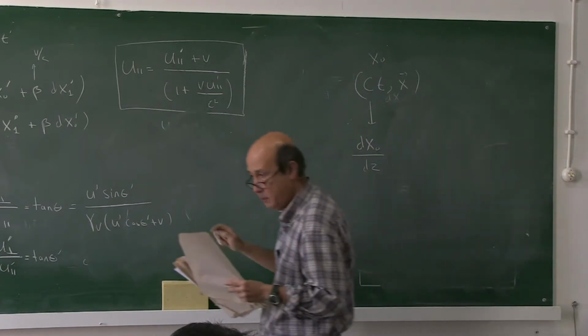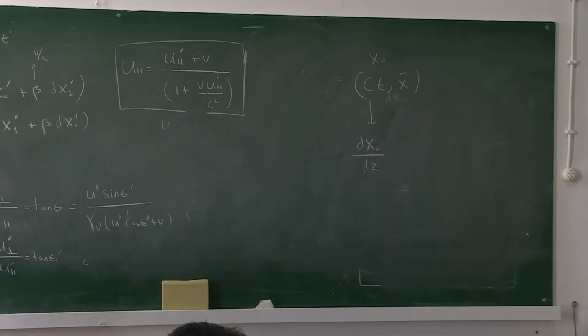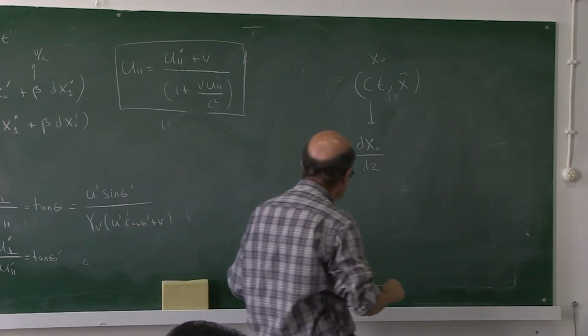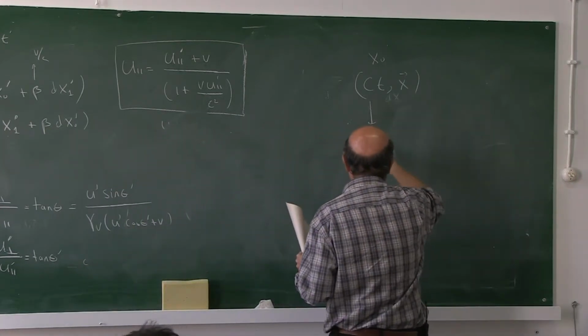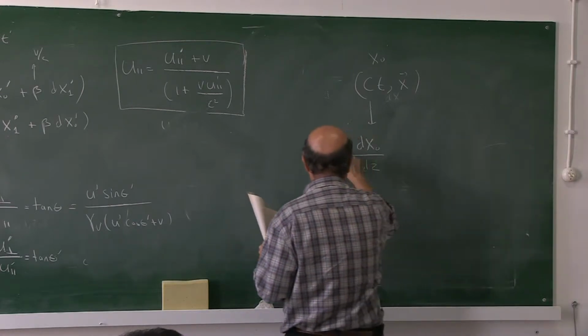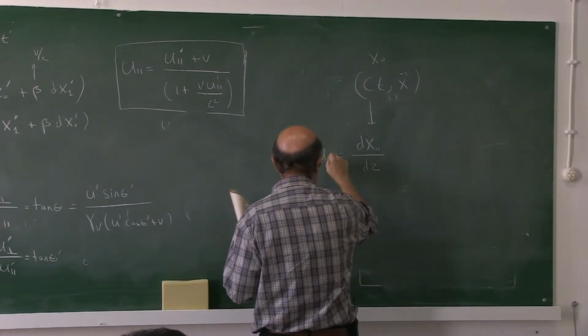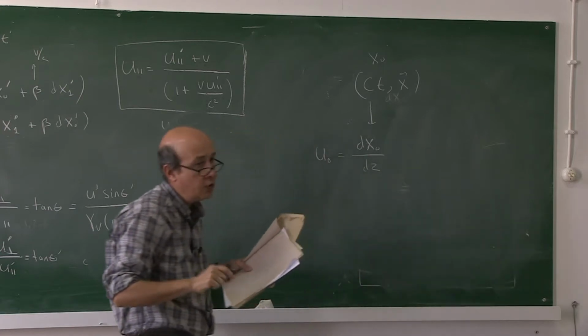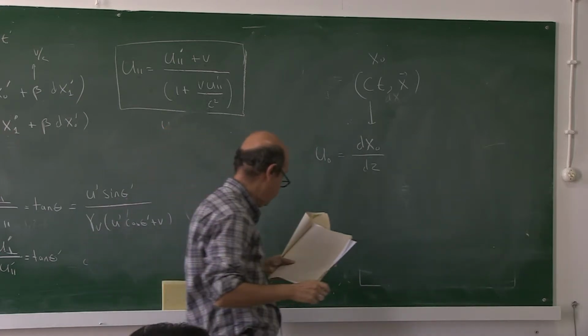This is a very important point in special relativity: proper time, or c times proper time, is the proper length, the same for every observer. So then dx0 over d tau, let us call that u0, the 0 component of the four-velocity.